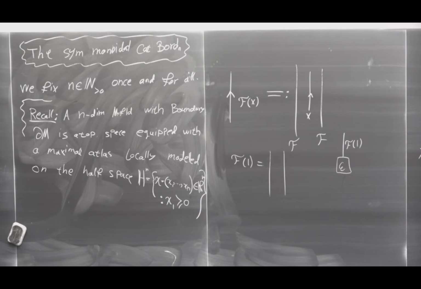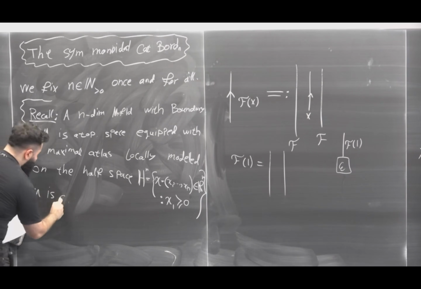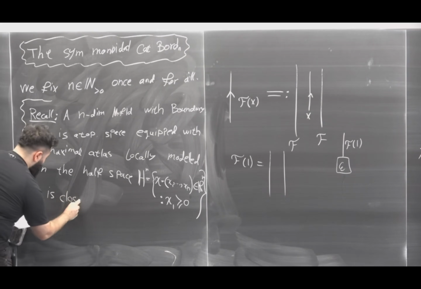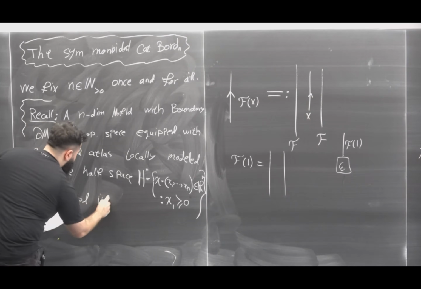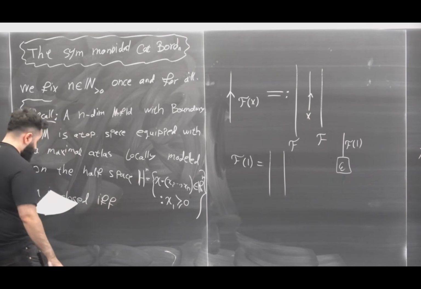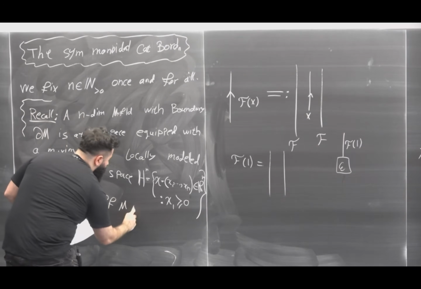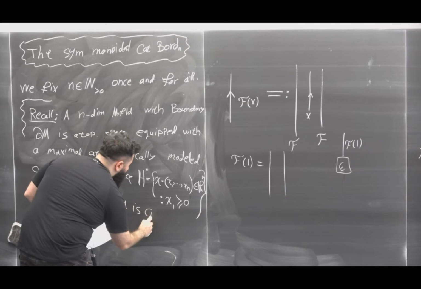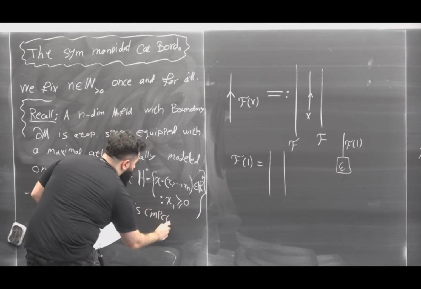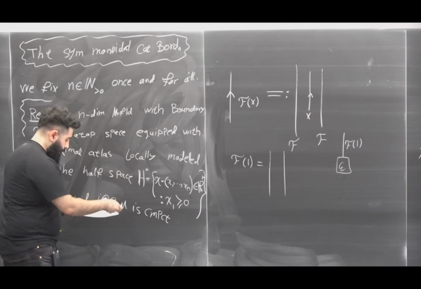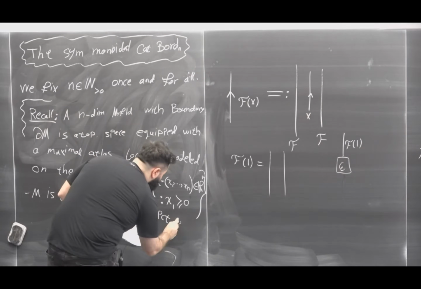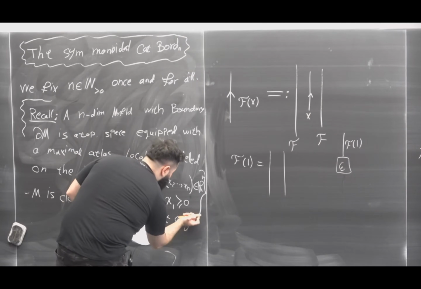Now we say M is closed if and only if M is compact, and it's boundaryless.